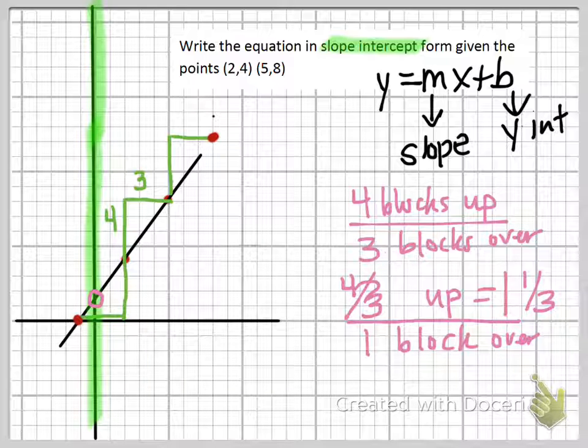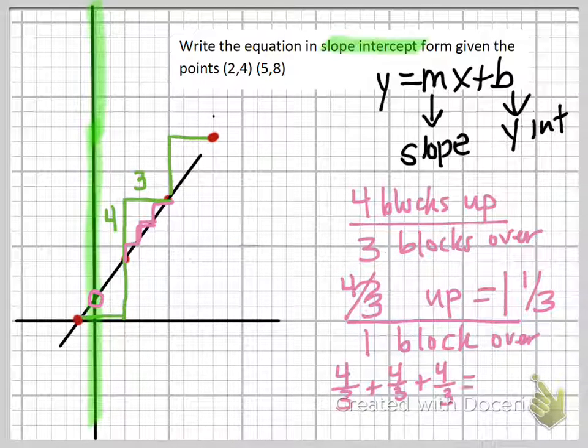In other words, every time I go over a block, I'm going up a block and a third, because 4/3 plus 4/3 plus 4/3 gives me 12/3, which is the 4.